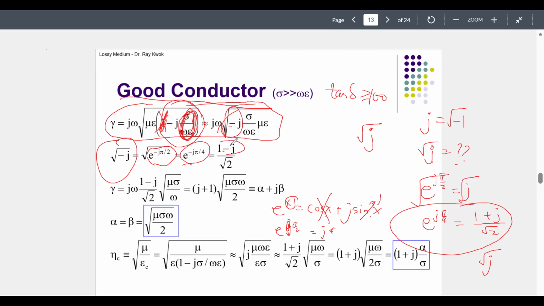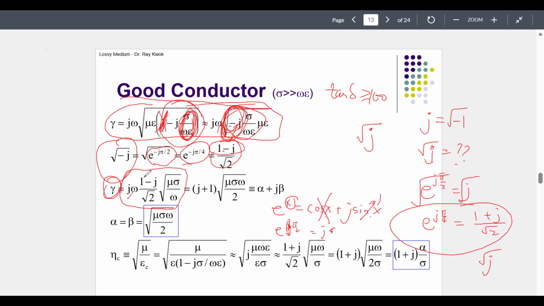That's 1 minus j divided by root 2. You have to remember that because this formula is in the cheat sheet, in the table. So now what is gamma? You put the square root of minus j in with this. Now it becomes this, right?